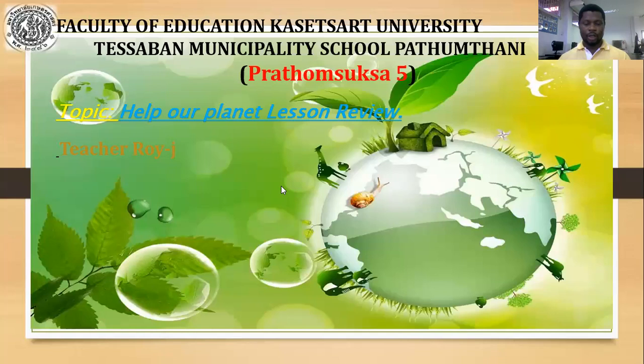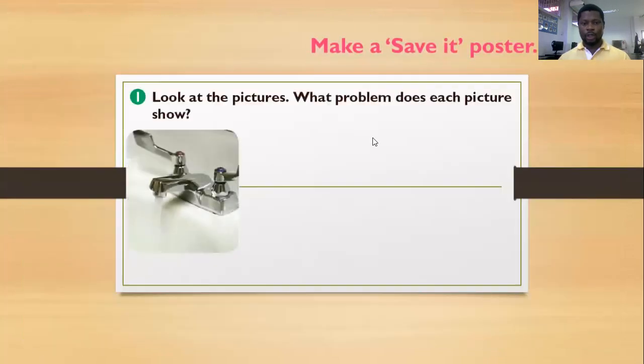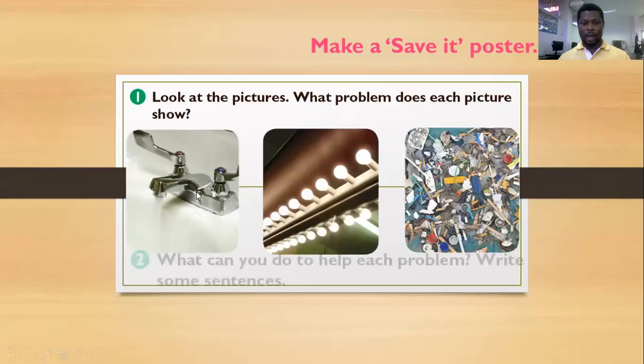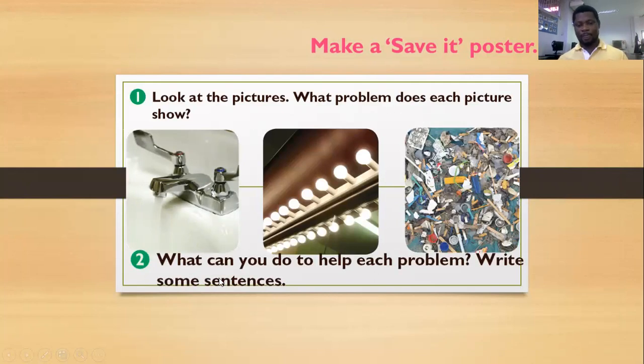Okay, so here we are going to talk about the problems that this picture is showing. Which are the problems that this picture is showing us, and how can we fix these problems in order for us to help our planet? So what problem does each picture show?